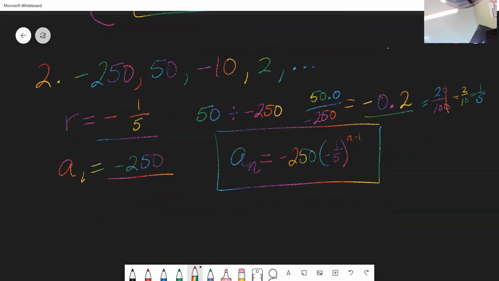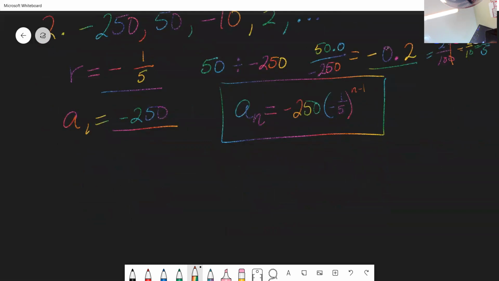All right, so let's do 3, 4, and 5 really quick. These should be pretty easy. Looking at sequence 3, we have 81, 27, 9, and 3. For all of these, we need to determine, is the sequence arithmetic, geometric, or neither? Is this geometric or arithmetic?